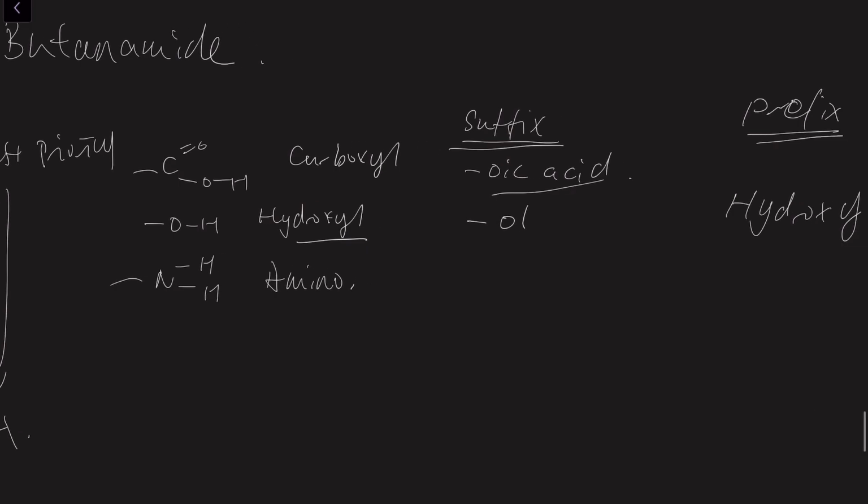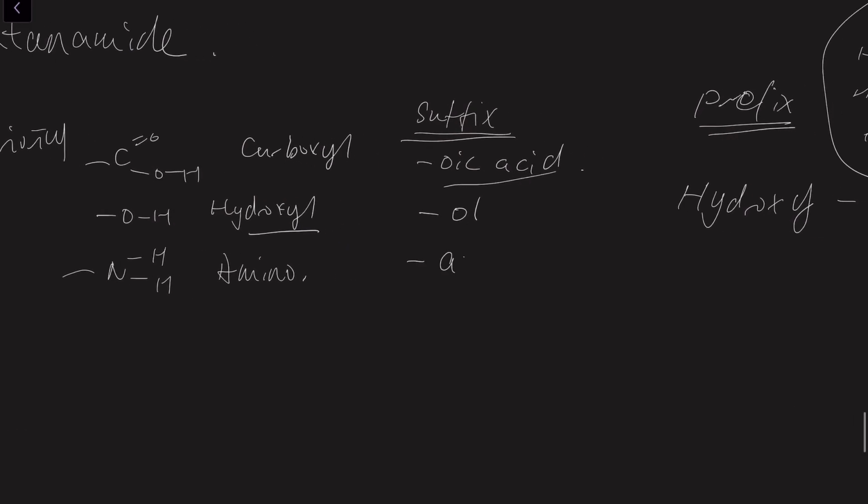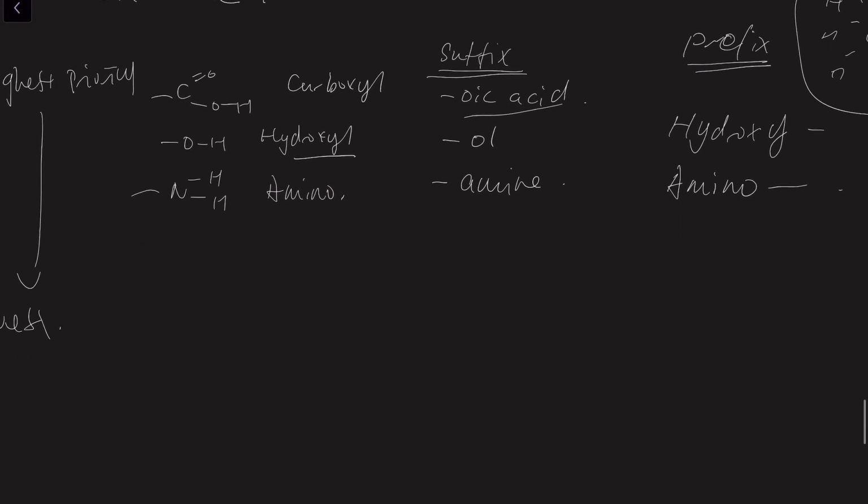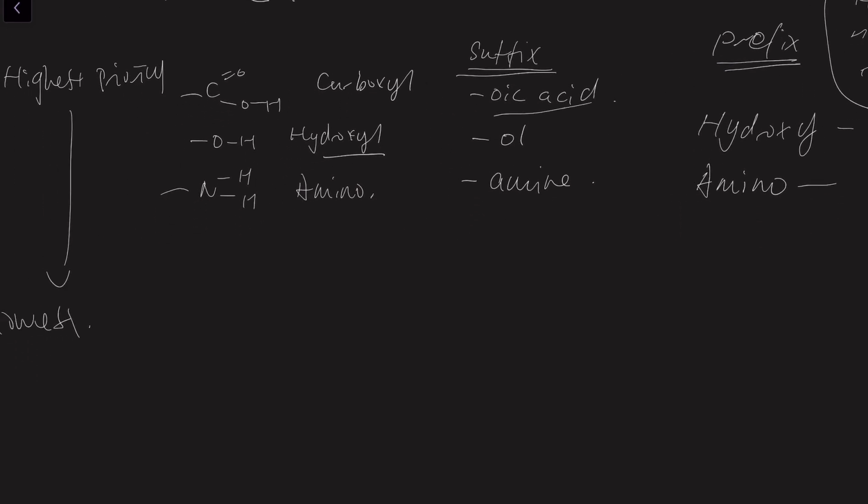The next is the amino functional group. The suffix is amine, and the prefix, as we have already discussed earlier, is amino. Amino something. Then is the alkene. So we know the suffix is -ene. Then is the alkyne, so the triple bond.